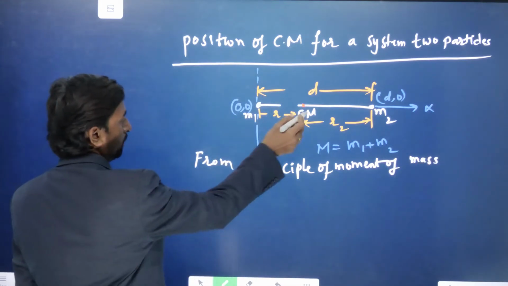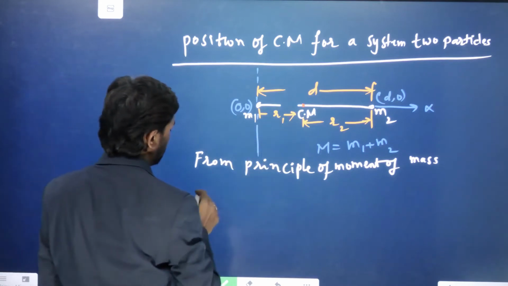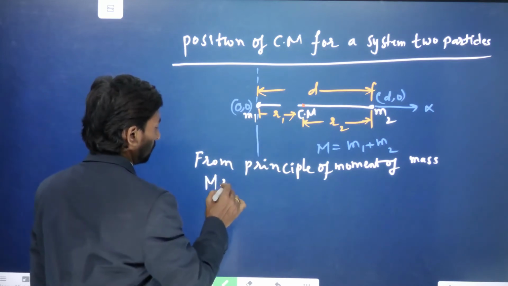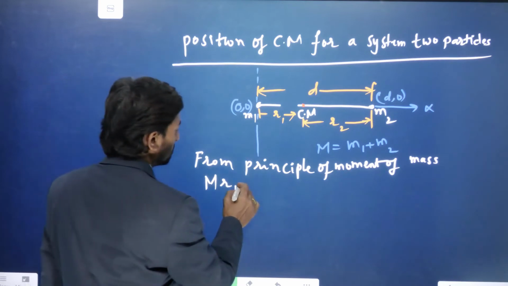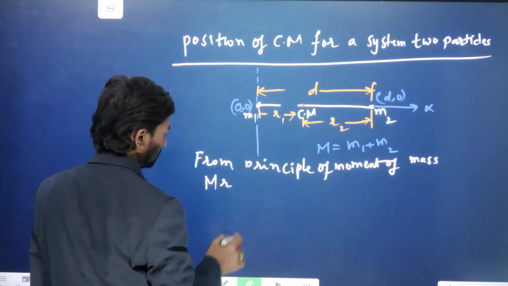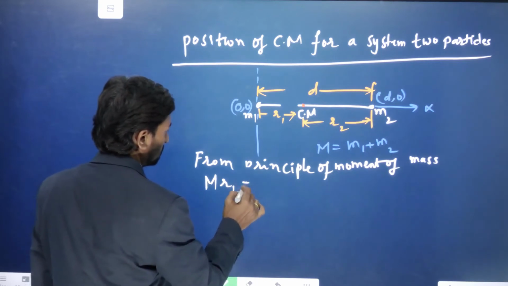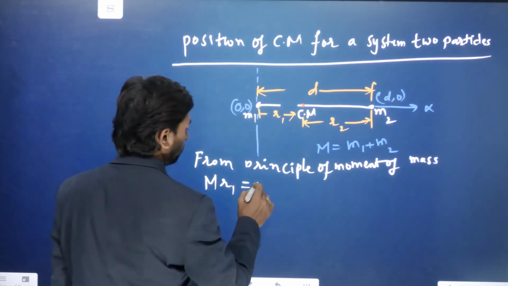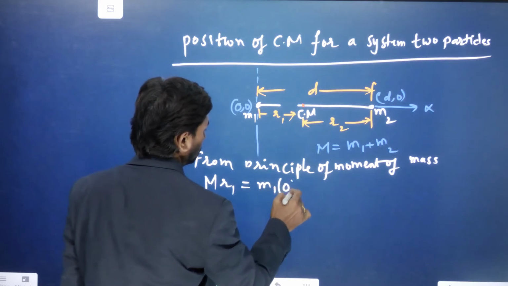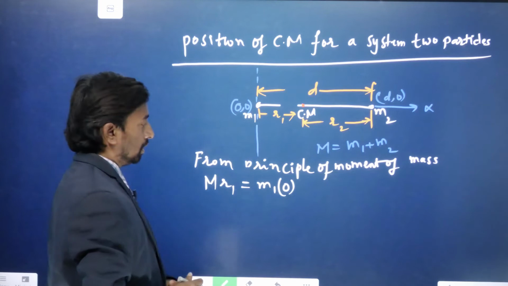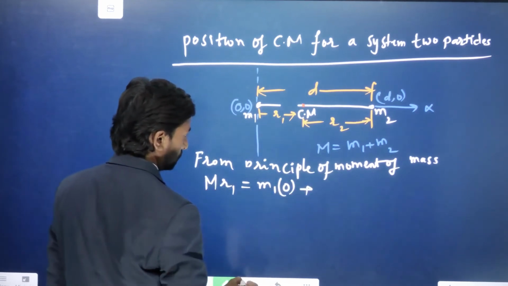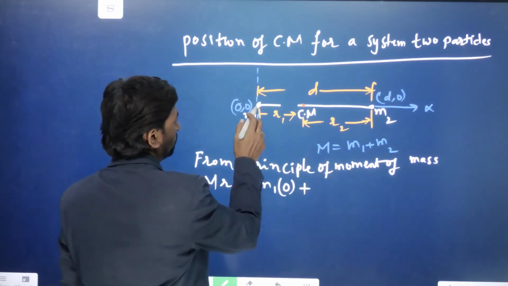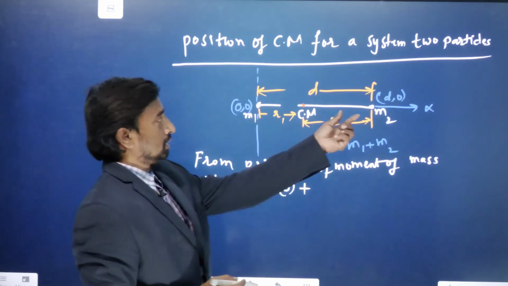we can write that the center of mass is at a distance of r1, and its mass is capital M. So capital M into the distance from the origin, r1, is equal to the moment of particle 1, m1 into 0, plus the moment of particle 2. The moment of a particle is its mass into its distance from the origin.